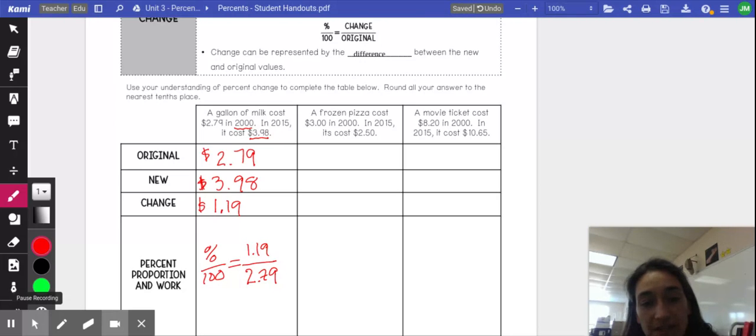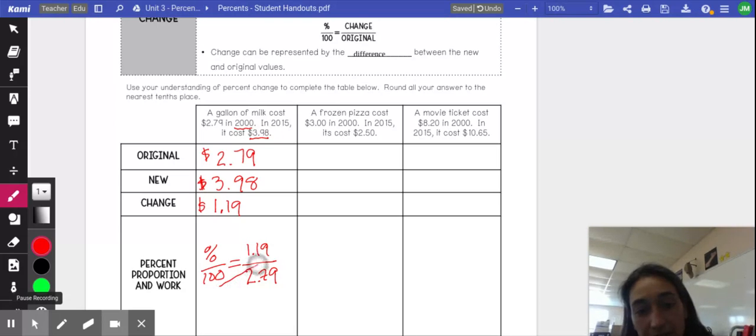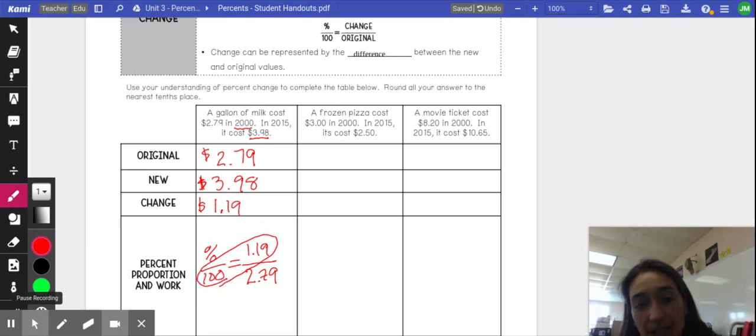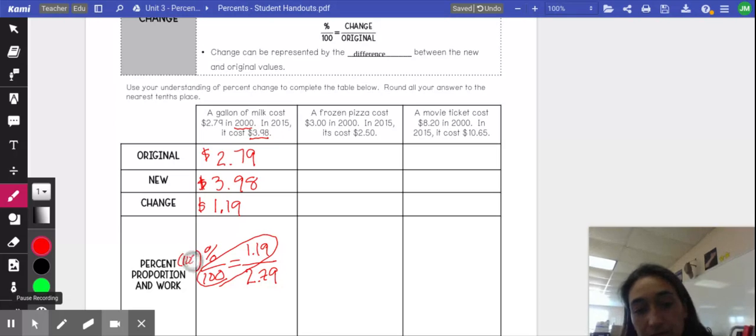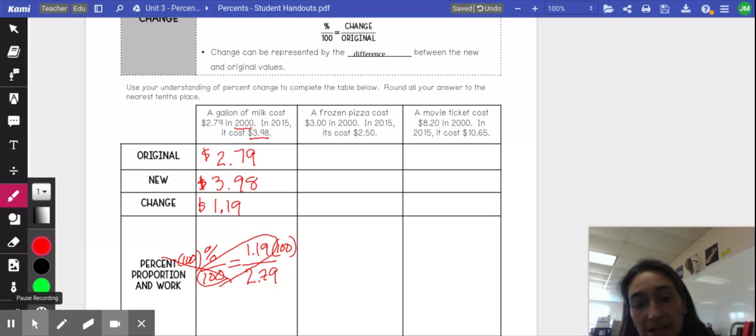Instead of having two division problems on either side of our equation, we are going to go ahead and cross multiply. So if I multiply by 100 on this side, I cancel it out, which turns into a multiplication problem on this side. And then the same thing over here.